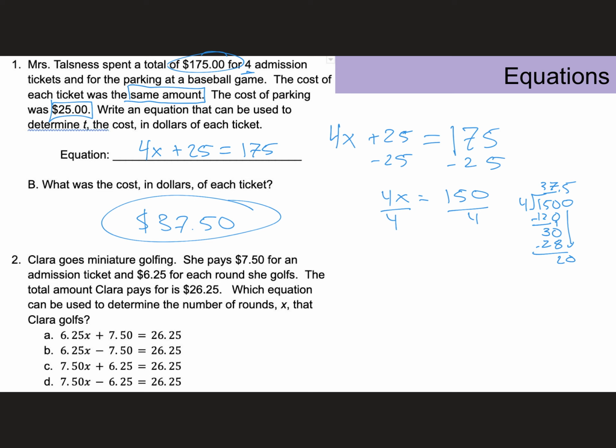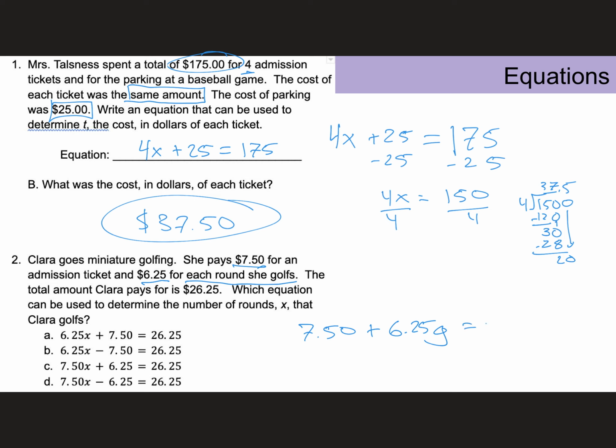Clara goes miniature golfing. She pays $7.50 for the ticket and $6.25 for each round she golfs. So she's going to golf numerous times. To get in, she pays $7.50 just to walk in. But then every time she wants to play a game of golf, she pays $6.25. Now this is going to be times g or x, whatever, any letter works.